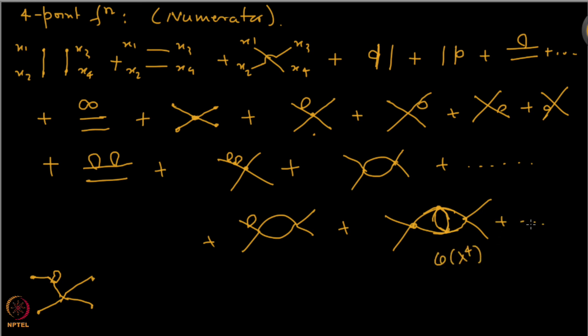This way you can draw all possible diagrams, and one has to be systematic, otherwise it is very easy to miss diagrams and get wrong results. So care has to be taken in doing that. Okay, we will stop with these examples here, and we will continue the discussion in the next video.